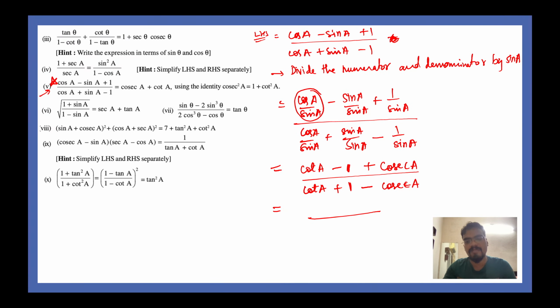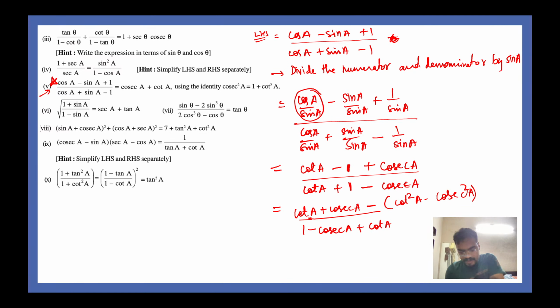In the denominator side, we have 1 minus cosec A plus cot A. And in the numerator, I can write this value as cot A plus cosec A. This minus 1 can be written as cot square A minus cosec square A. Oh, I think it should be the other way, because the property tells us cosec square A is equal to 1 plus cot square A. So cosec square A minus cot square A is equal to 1.